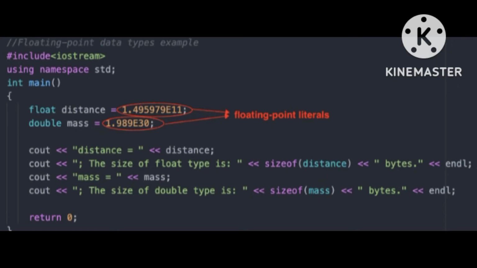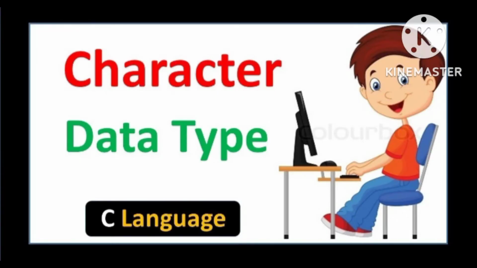This is the example of floating point. We can see this example and understand it very easily. And the next one is character data types. What is character data type? It is used to store character data enclosed between single quotes. These characters are in the ASCII format and table.